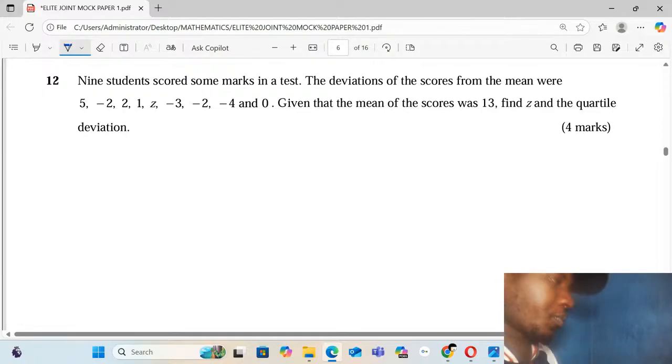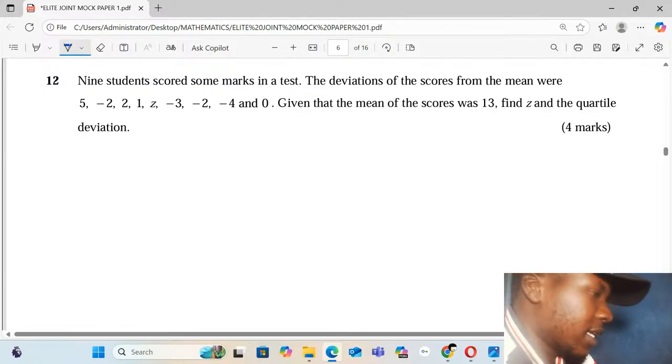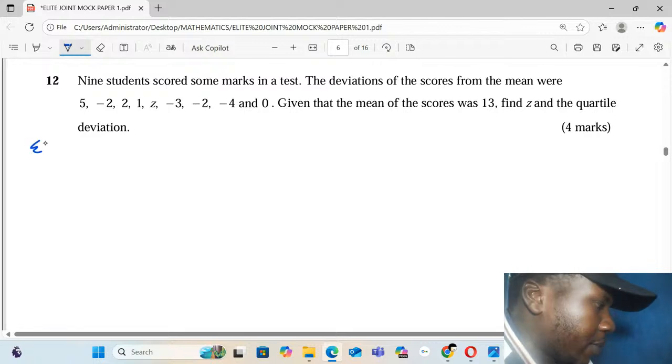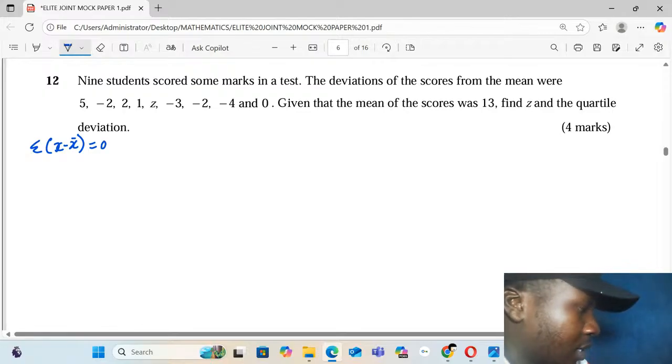So we know that the summation of x minus the mean of x is equal to 0.